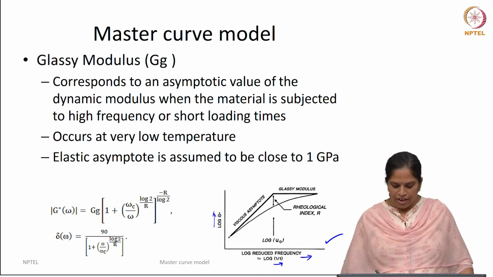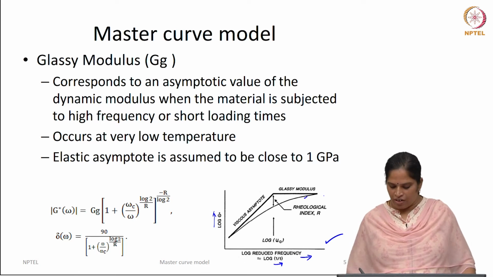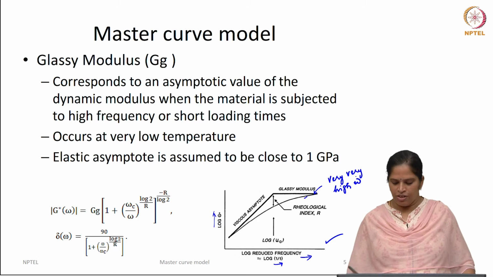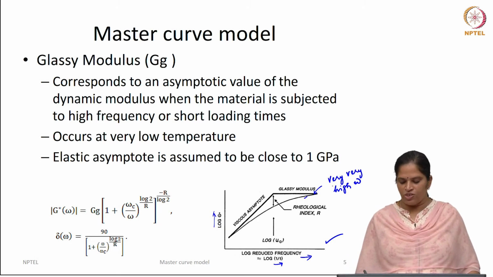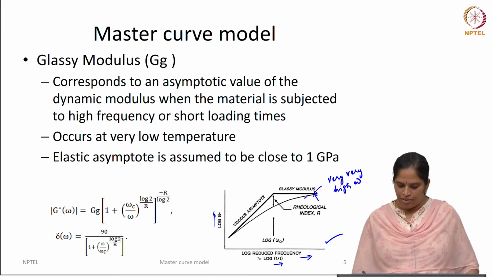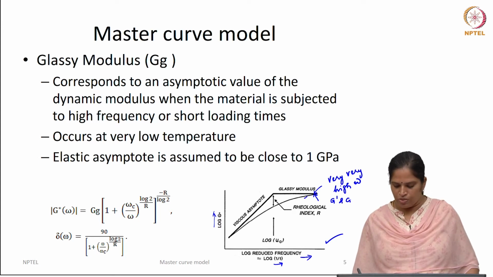So you see a dynamic modulus master curve here. At very high frequency, you can see that the modulus value asymptotically reaches a constant value. This value is a contribution of the dynamic storage modulus as well as the loss modulus.